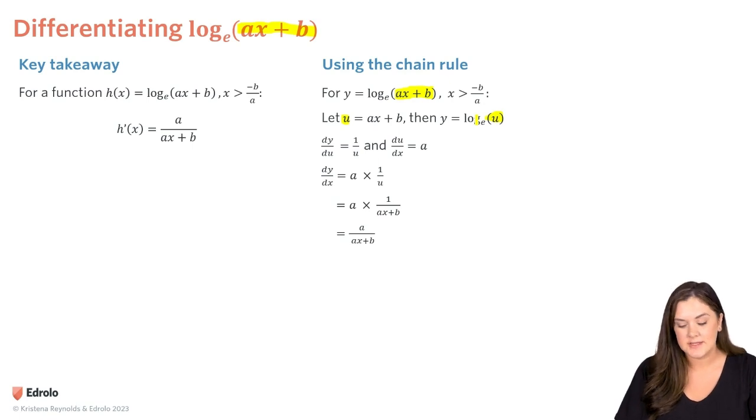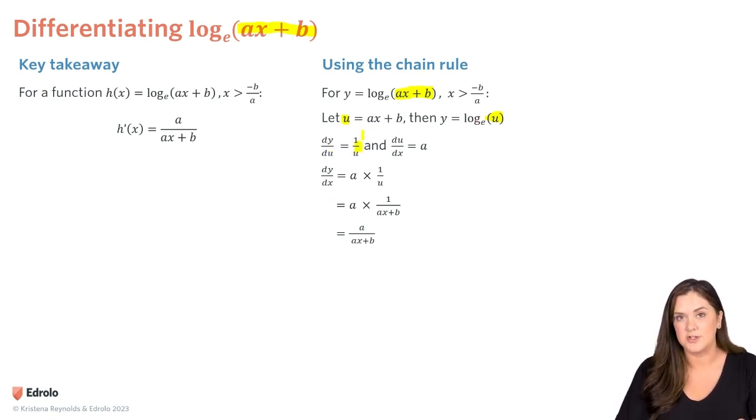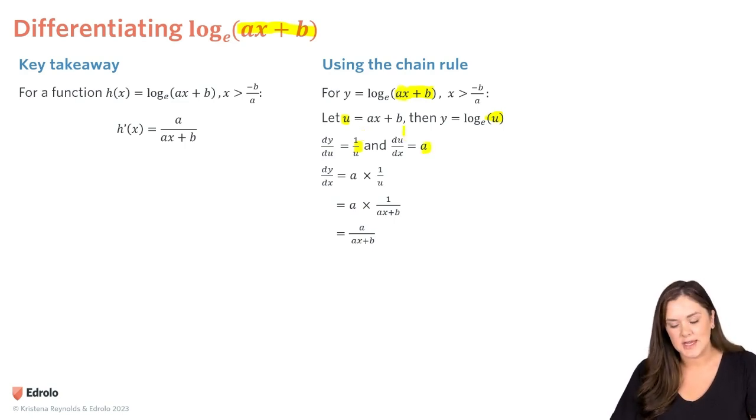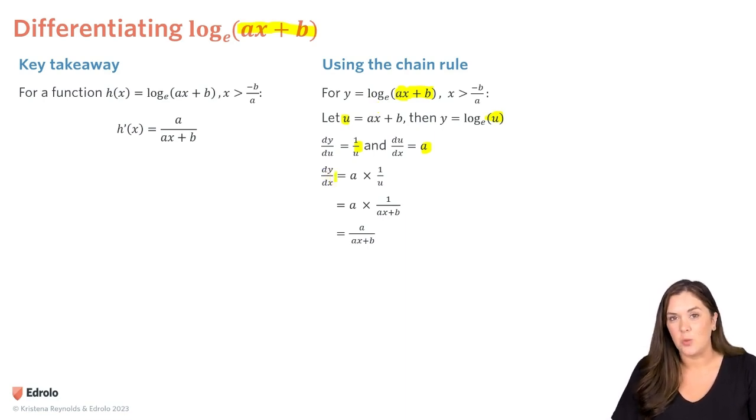So differentiating them separately, we get dy du equals 1 over u, which is what we know, and we get du dx equals a, so just the coefficient of x there is the derivative for us. So now when we are differentiating y, we have dy dx equals our two derivatives multiplied together, so a times 1 over u. We can now replace u with that ax plus b, which is what we substituted it for, and we get a over ax plus b.